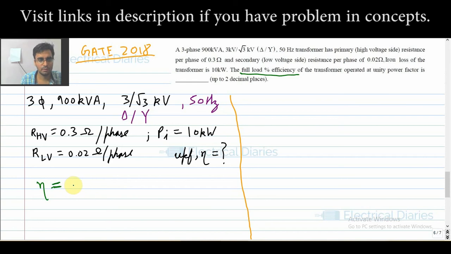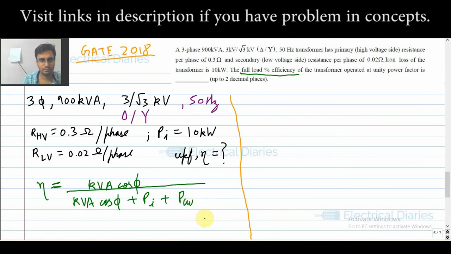So eta will be, it's given at full load, so I will directly write the formula, that is kVA cos phi divided by kVA cos phi, this is the general formula for full load, plus P iron losses plus P copper losses.